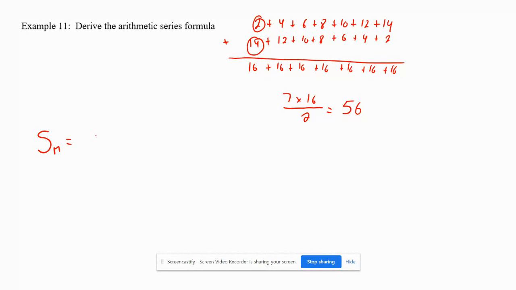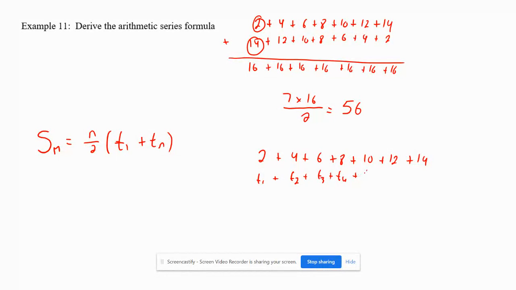Sn equals n over 2 times (t1 plus tn). Okay, so if I come back to this example over here, this is like t1, t2, t3, t4, t5, t6, t7.